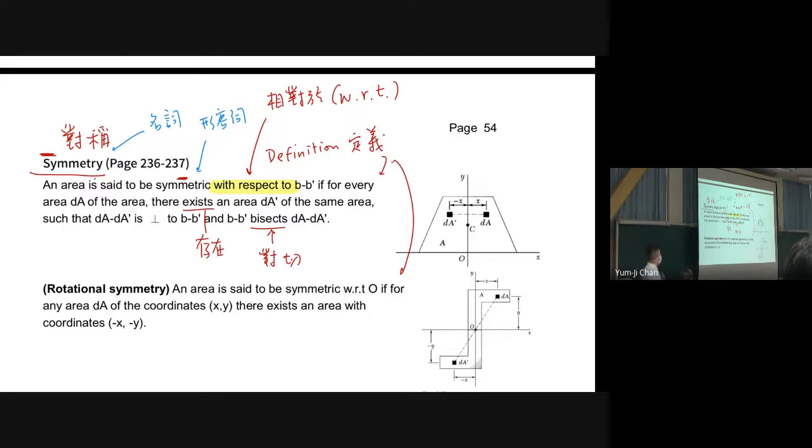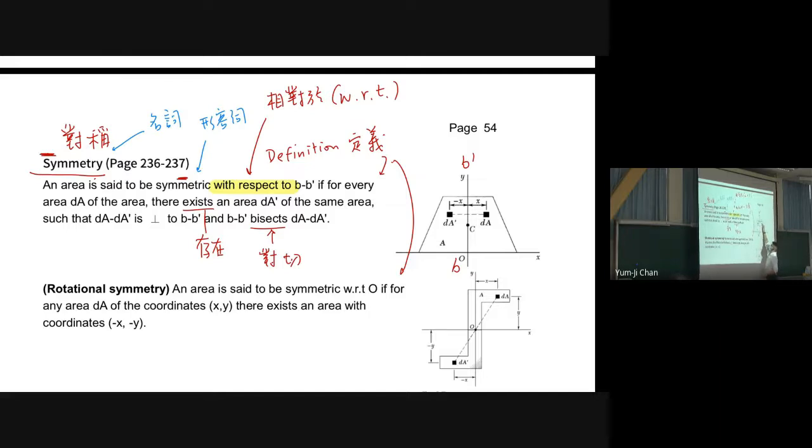Okay, now if you have marked all the words, then let's have a quick look. The first paragraph is only saying that if you have a line B and B prime here, and one area to the left, one area to the right, DA, then we can find another area DA prime.